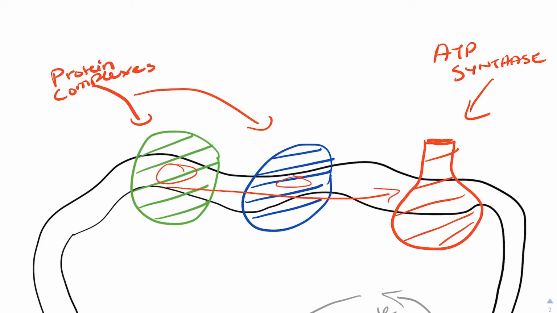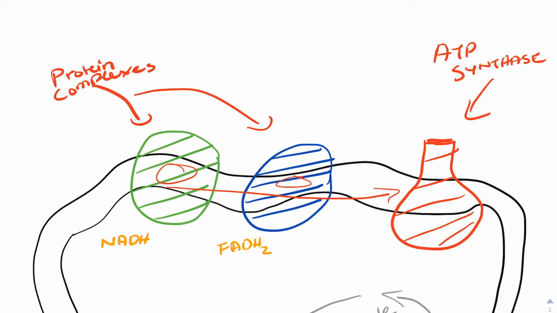So we have our reduced molecules, NADH. We have FADH2. I'm not going to get into the details of each. I believe there's more NADH than FADH2 in the process. However, the function of each is what I really just want to stress.